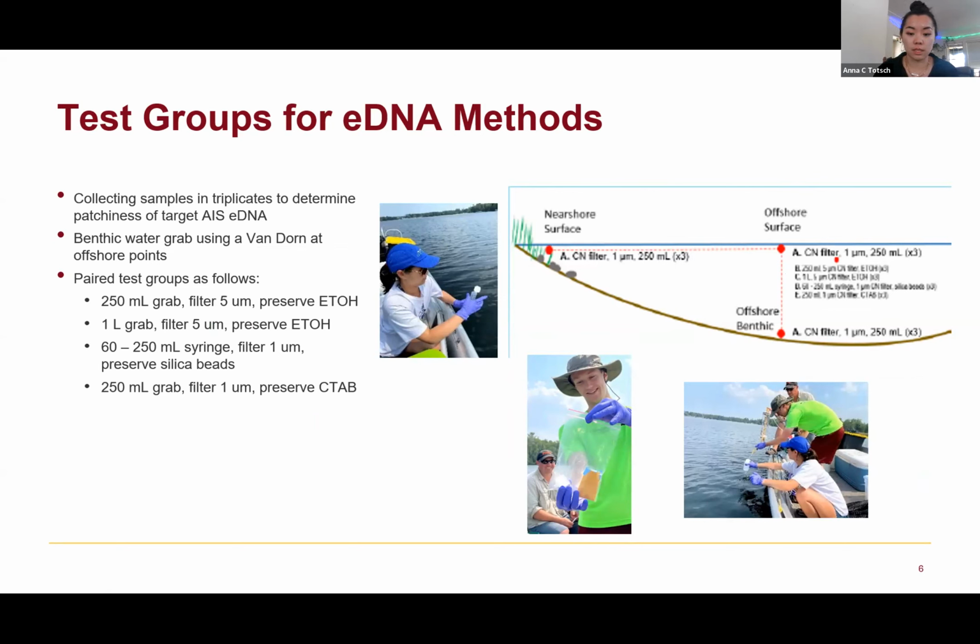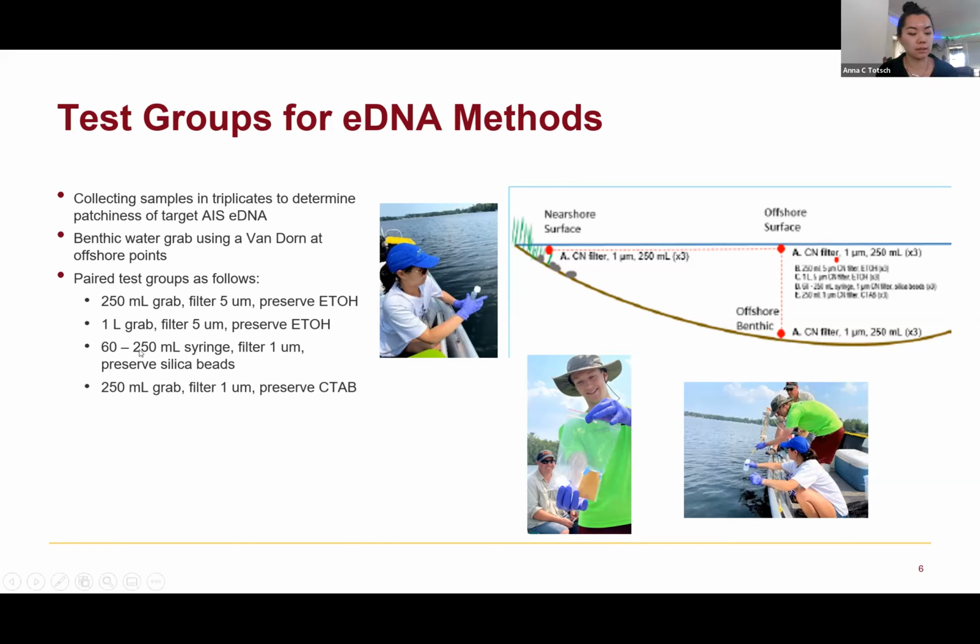Then we also used a syringe kit that we could syringe out water, 60 to 250 milliliters, filter 1 micron and preserved with silica beads, and then 250 milliliters with a 1 micron filter with a CTAB preserve.